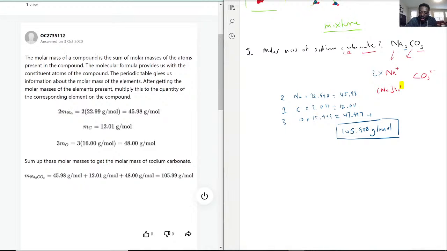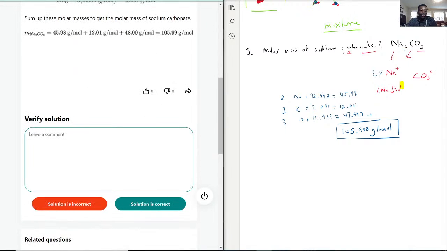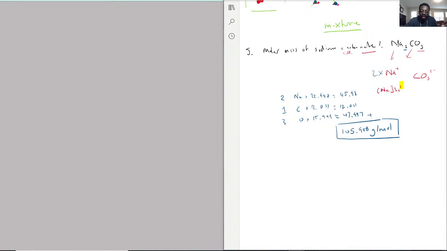So exactly, now I have 105.988, which makes more sense, because even if you're using different periodic tables, the difference should really be in the decimals, like point something. You should not have a difference of like 3 grams. That's something was added wrong. And this is correct. So with that, let's move on to question 6.